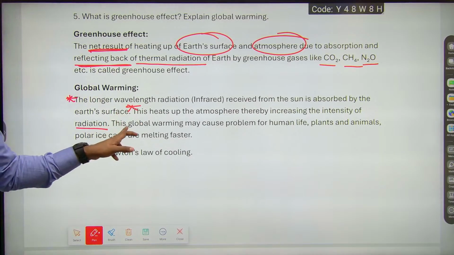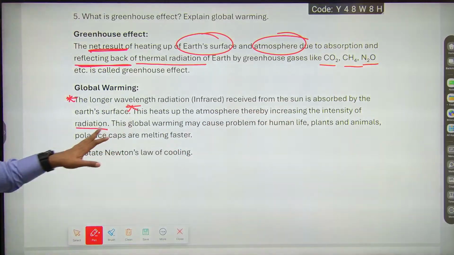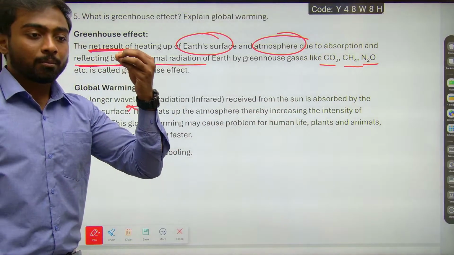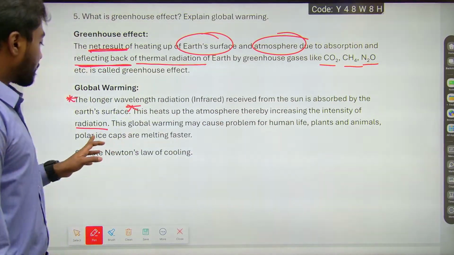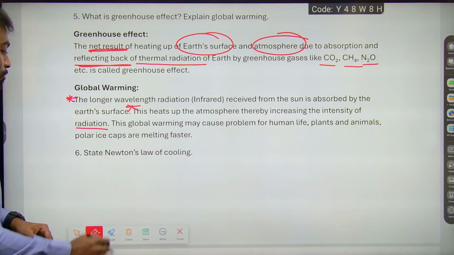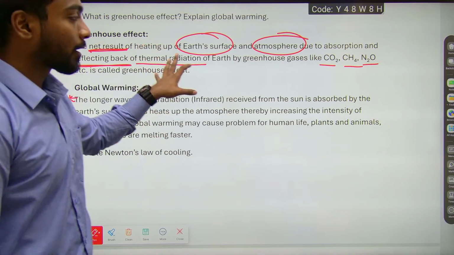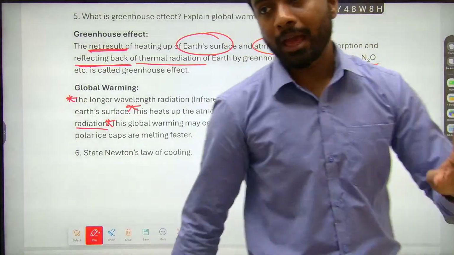Got it? This global warming may cause problems for human life, plants, animals, whatever is present on the earth. Polar ice caps are melting faster. This is what happens through global warming when the greenhouse effect occurs.